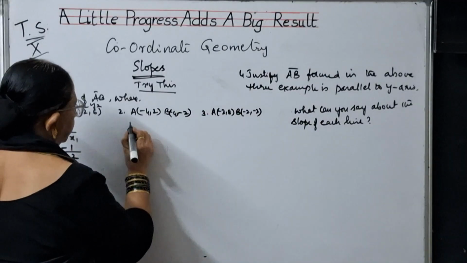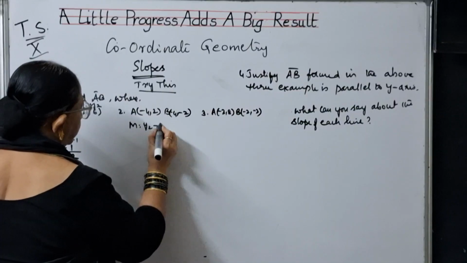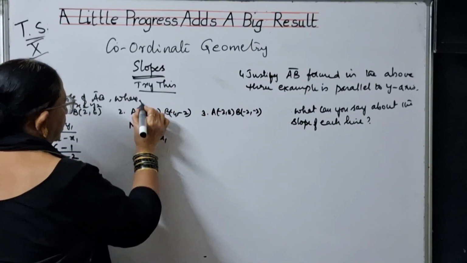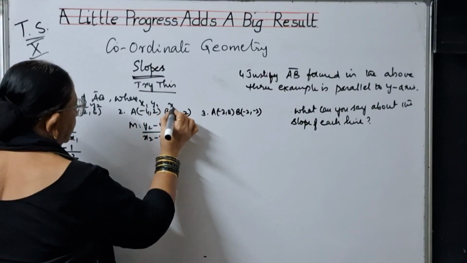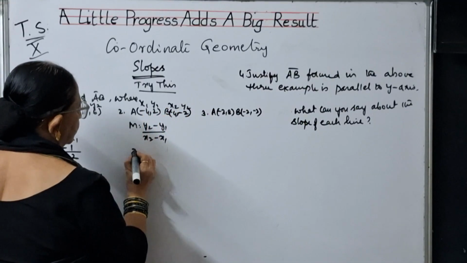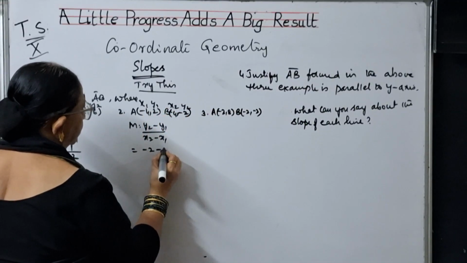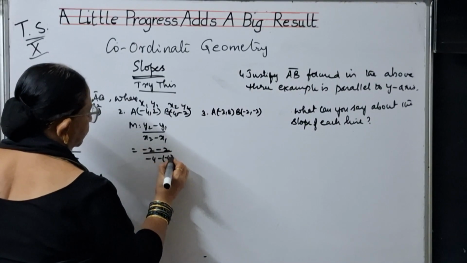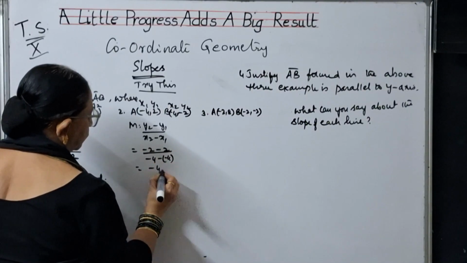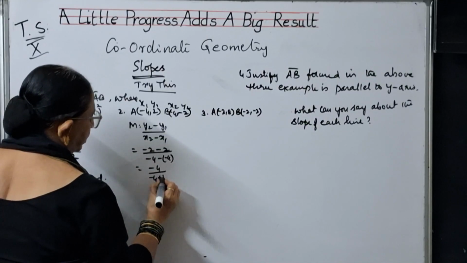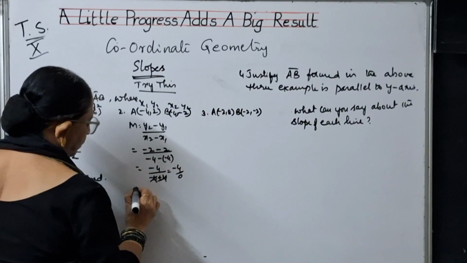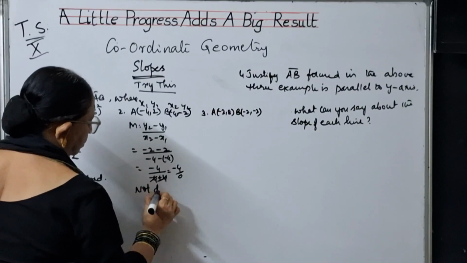Now second one, M is equal to y2 minus y1 by x2 minus x1. Here x1, y1, x2, y2. So minus 4 by minus 4 plus 4. You are getting minus 4 by 0. So this is also not defined.